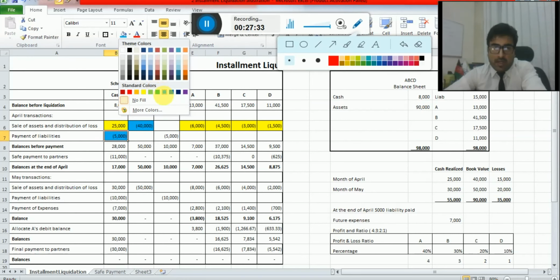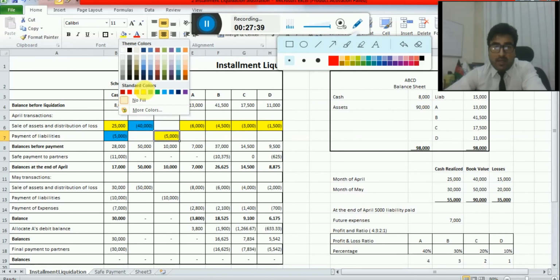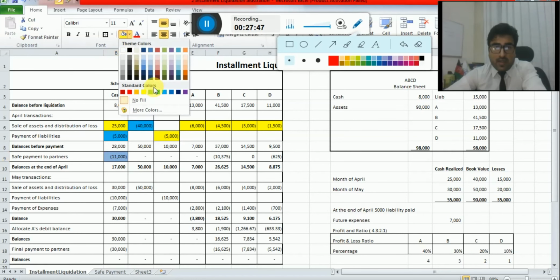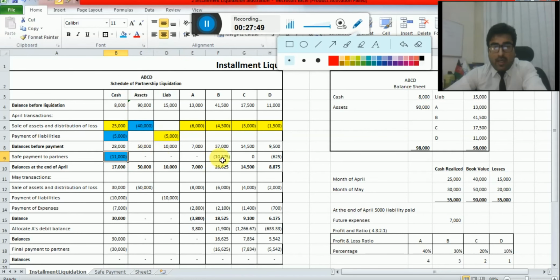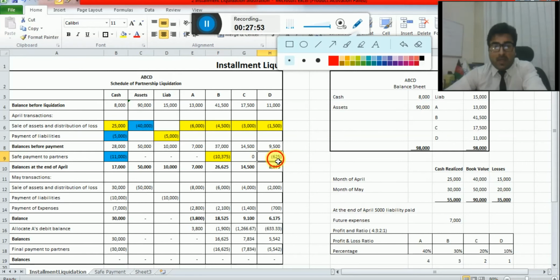This is credit, and here we have decrease in liability, and that is debited. In this step we have cash decrease, that is credit, and decrease in capital, that is debit. And this is also debit.